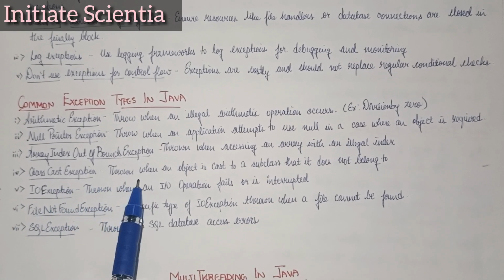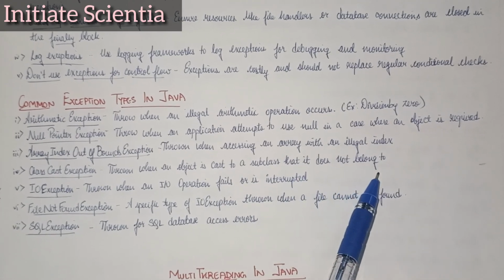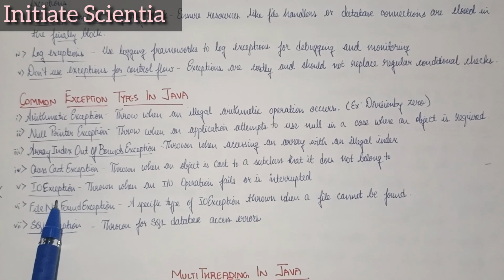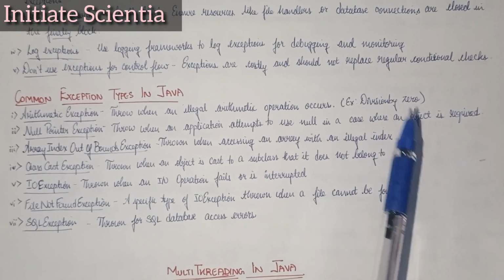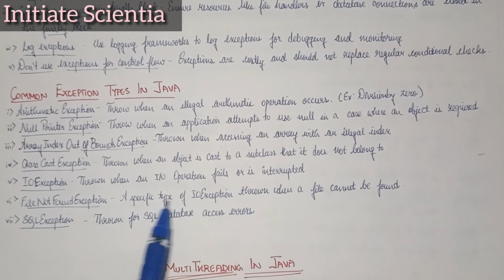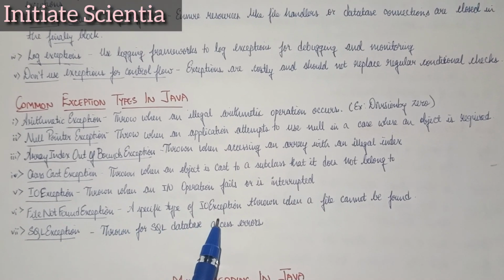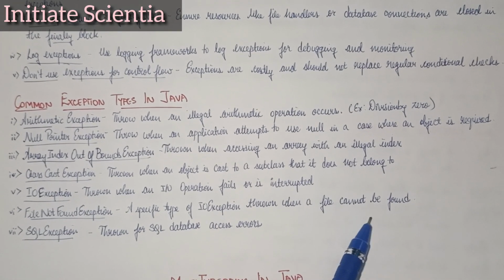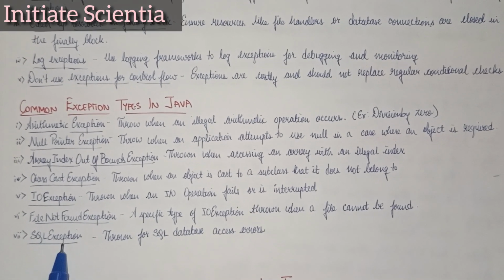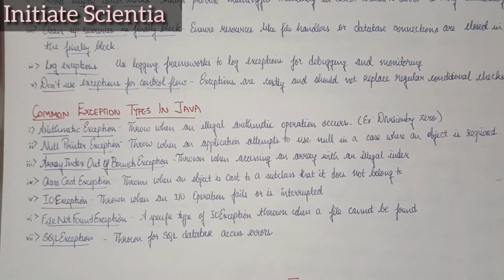Class cast exception. Thrown when an object is cast to a subclass that it does not belong to. IO exception. Thrown when an input/output operation fails or is interrupted. File not found exception. A specific type of IO exception thrown when a file cannot be found. SQL exception. Thrown for SQL database access errors.